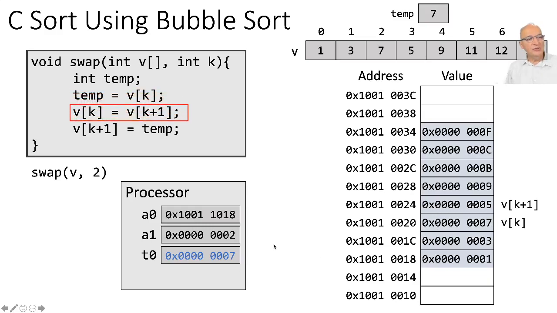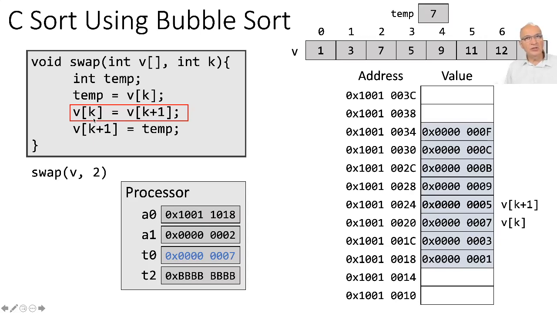And when I execute the next statement, I need to bring the value of vk plus 1 into a register, because there is no instruction in RISC-V that will allow me to read the value of vk plus 1 and write the value of vk in the same instruction.